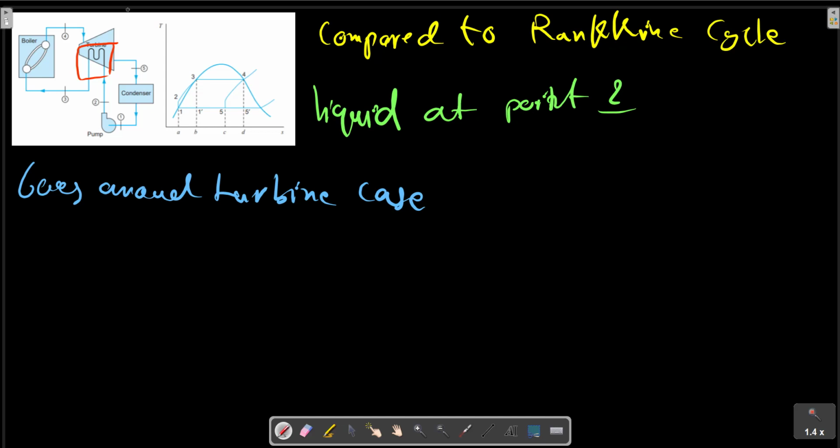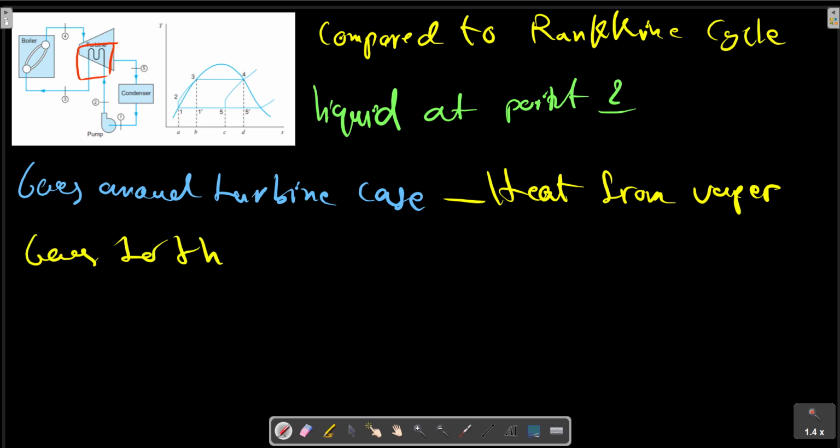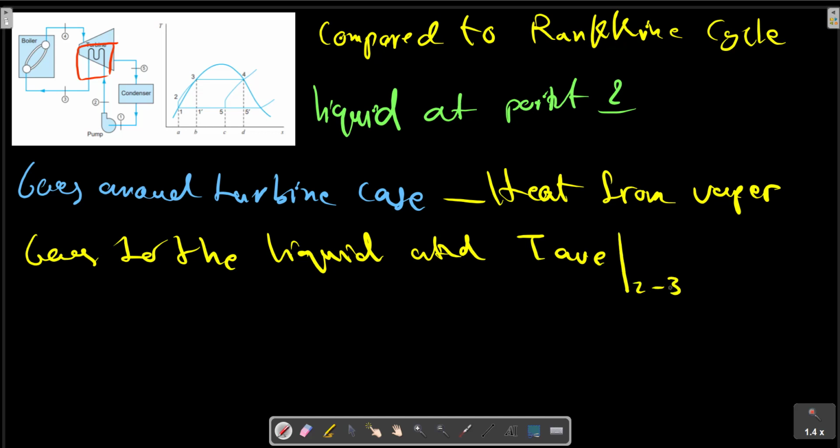Thus, it is possible to transfer heat from the vapor to the liquid flowing around the turbine, and T average in this cycle from 2 to 2 prime increases.